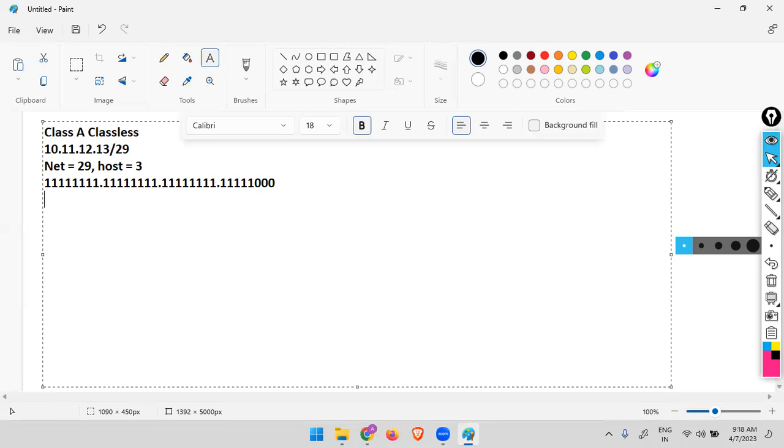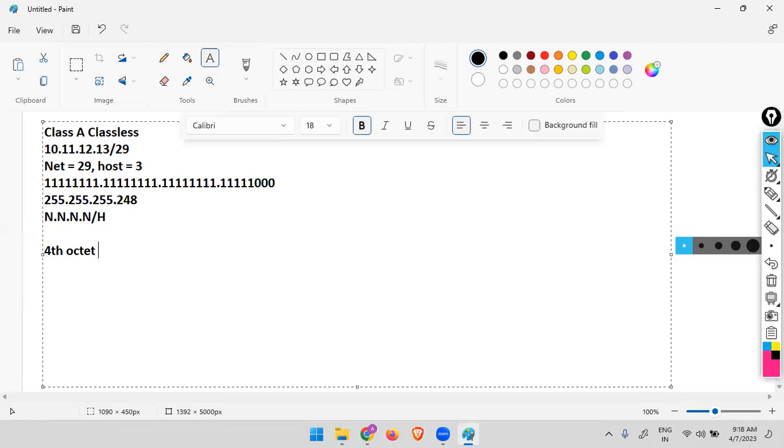That we will calculate using the block size. So no need of number of networks. So this will be 255.255.255 dot, what will be the value? 248. Okay, that means purely network, purely network, purely network, and then interesting octet. Correct?